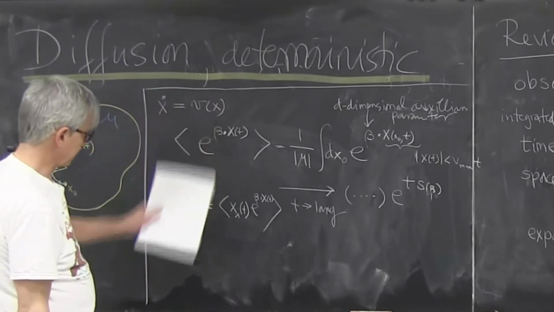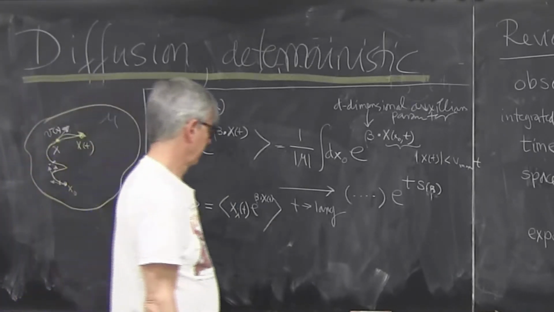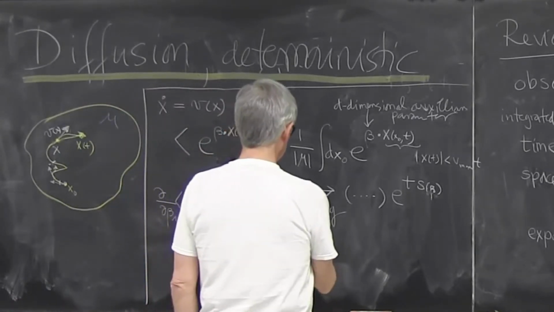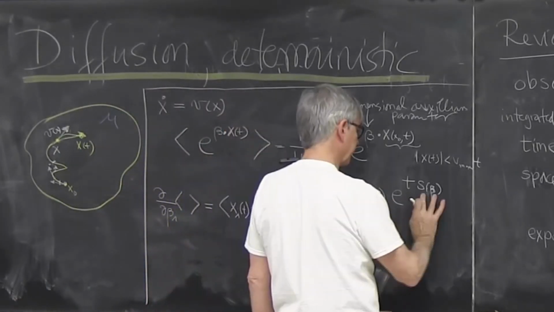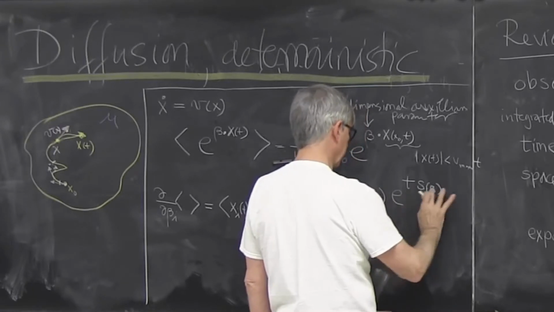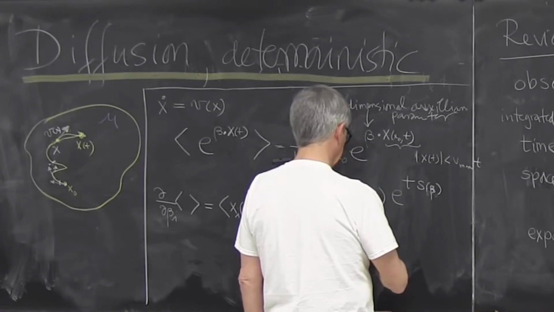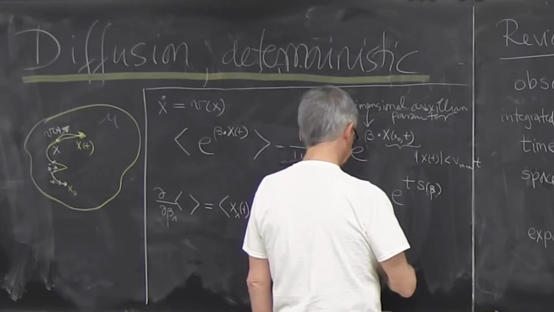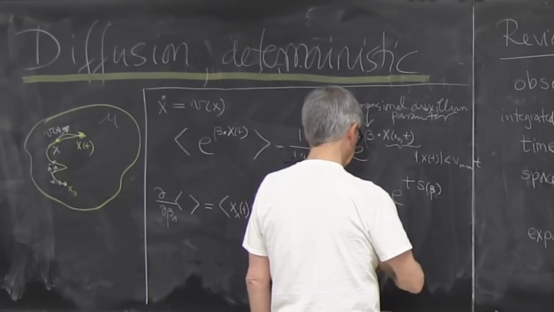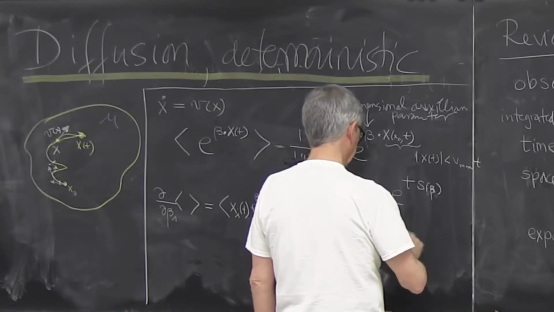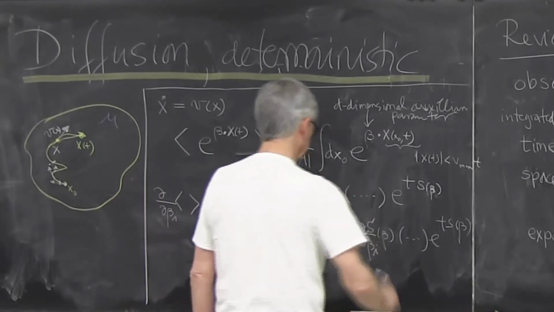So that's just an identity on the left-hand side. And on the right-hand side, we care about the fastest exponential dependence. So on this side, I'll get the derivative of s of beta with respect to beta_i. I bring it times t down.